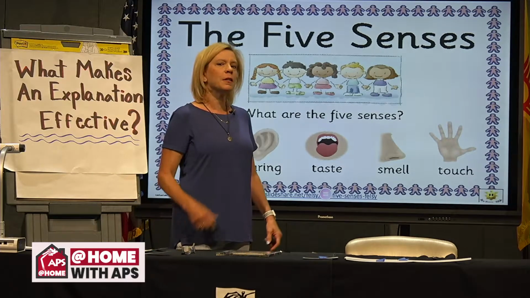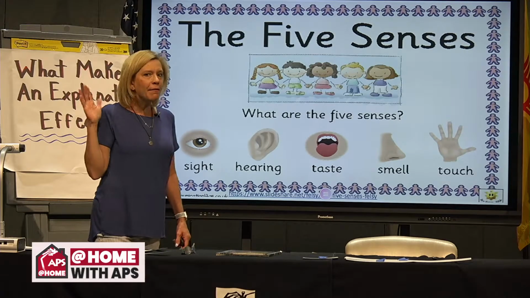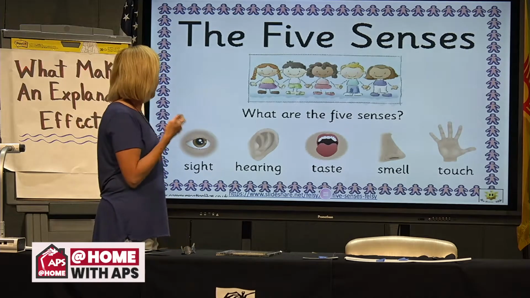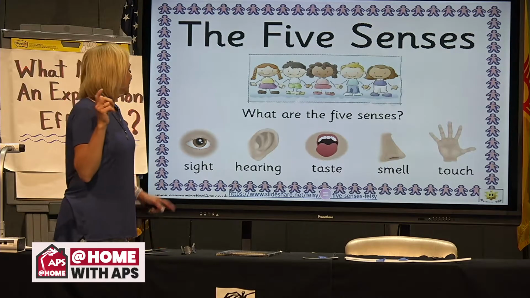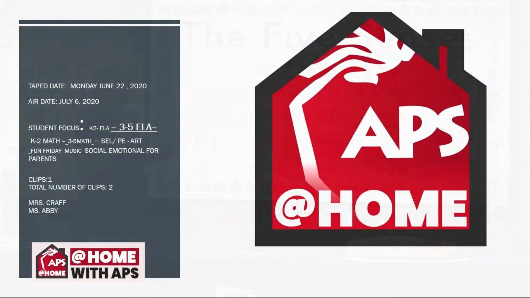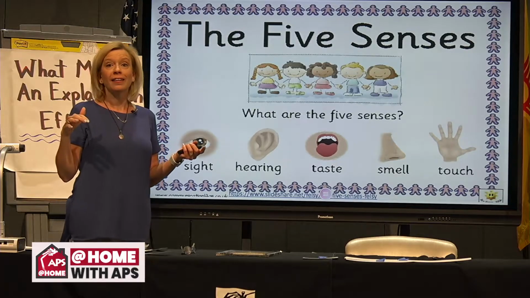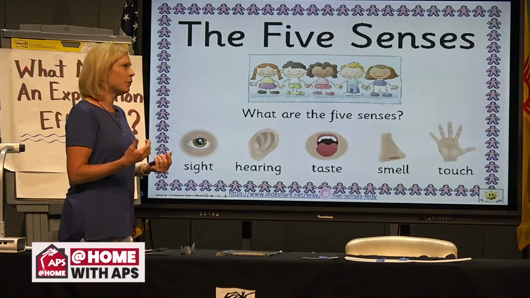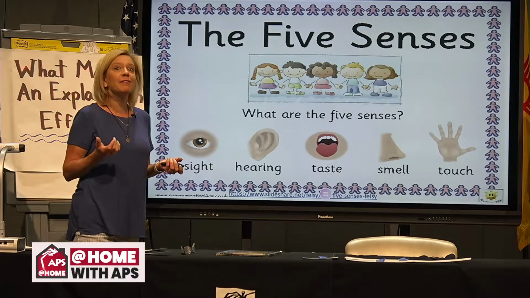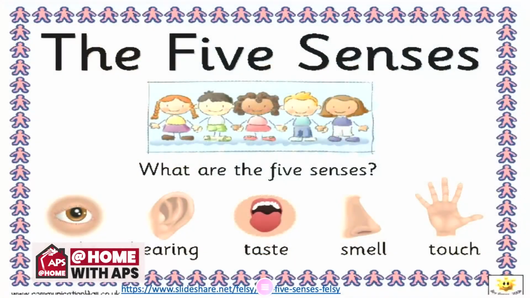So let's take a look and remember our senses that we use. Remember, we have 5 senses. We have sight. You can see things. We have hearing, so you can hear the birds. You can hear your teacher talk. You can hear me right now through your TV. We have that sense of taste, right? If you chew a chocolate chip cookie, that's sweet, right?